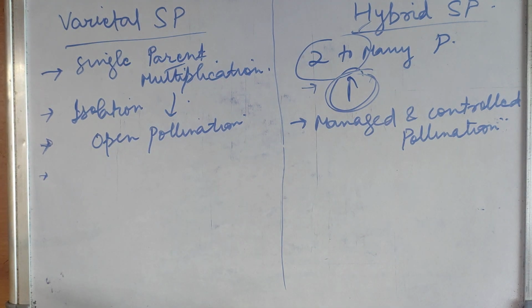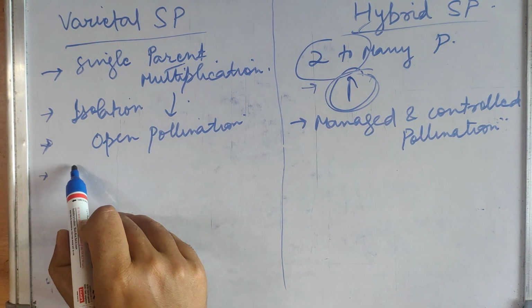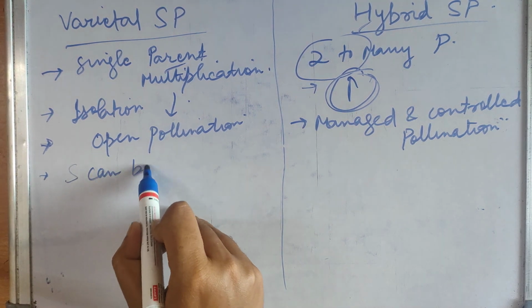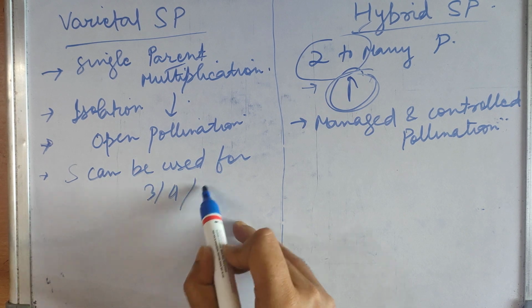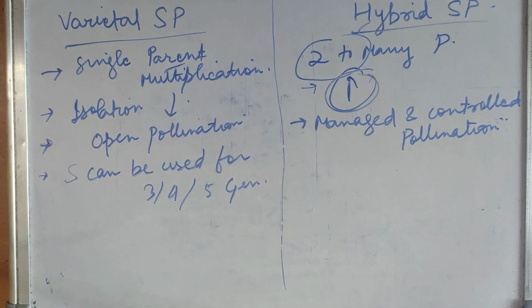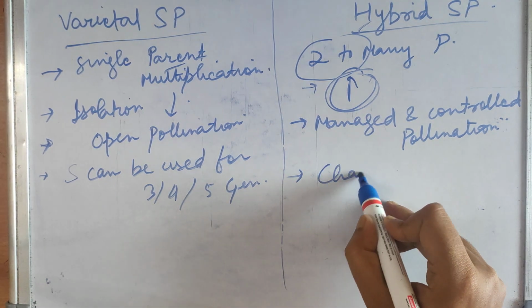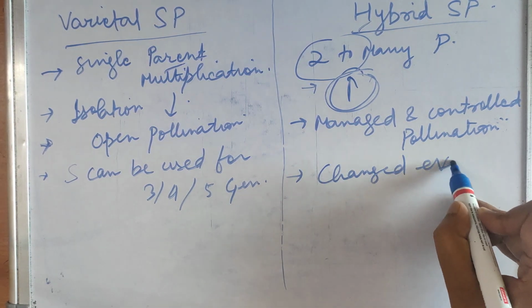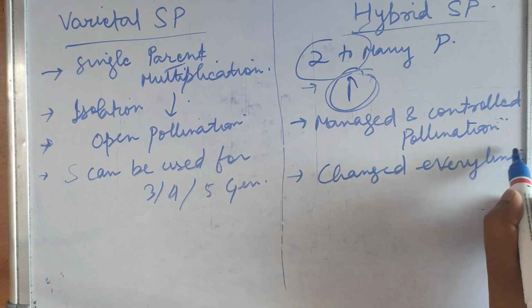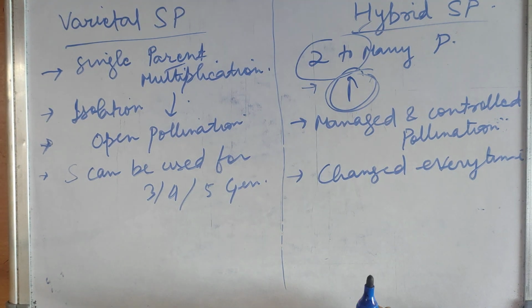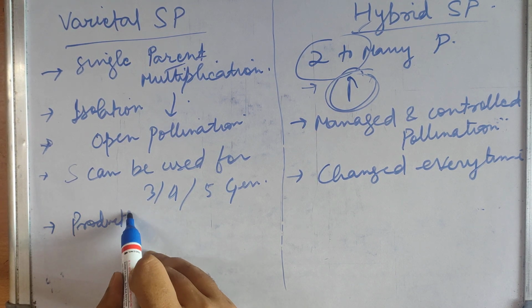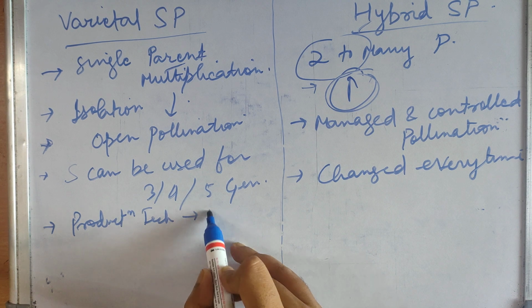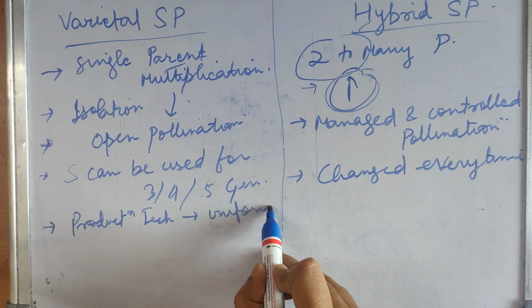In varietal, seed can be used continuously for 3, 4 or 5 generations. In hybrid, seed has to be changed every time, in every generation. Production technique is uniform in varietal, that is just we need to multiply it.